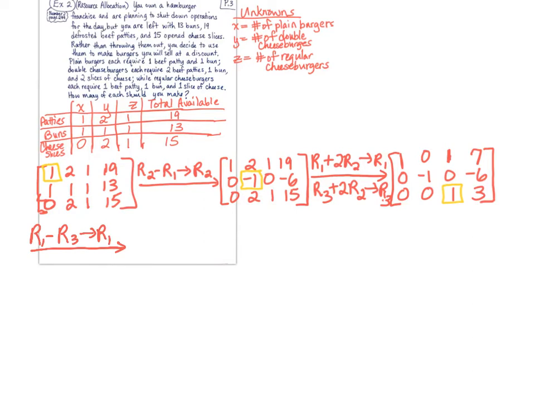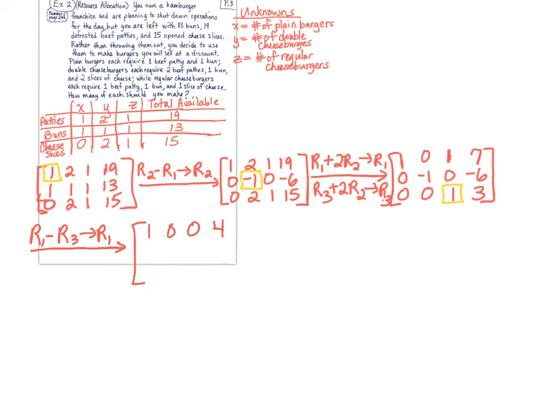Want a minute to get it? Okay, go for it. All right, what did you get for row 1? 1, 0, 0, 4. Good. Very good.